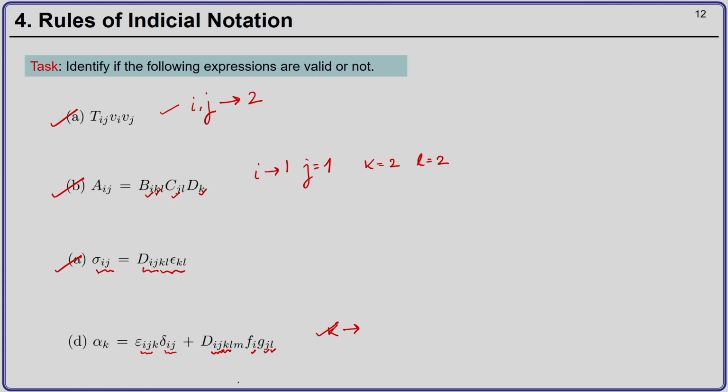Okay. So, you can see here, k, l occur and now you have m. Okay. So, in the second expression also you have i which is occurring twice, j which is occurring twice, l which is occurring twice. Remember, k was a free index. Now, the only index which is left is m, which is occurring only once.